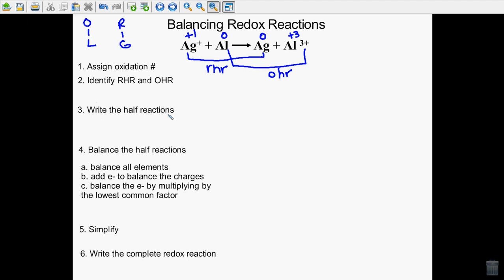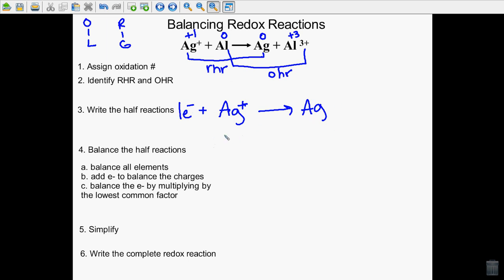Alright, now we need to write the half reactions. So the first reaction was silver going from +1 to 0. Now, since this is a 0 over here, we need to balance this reaction. So if I add 1 electron over here, that balances it.